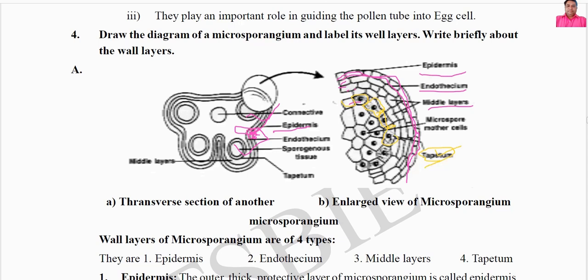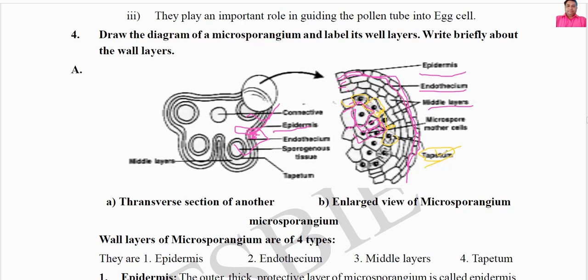And centrally, what you can see, these cells I am drawing in pink are called spore mother cells, sporogenous tissue.